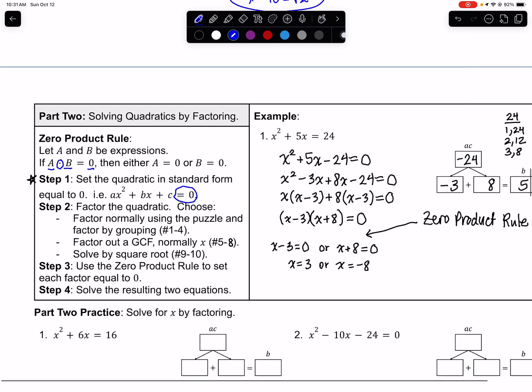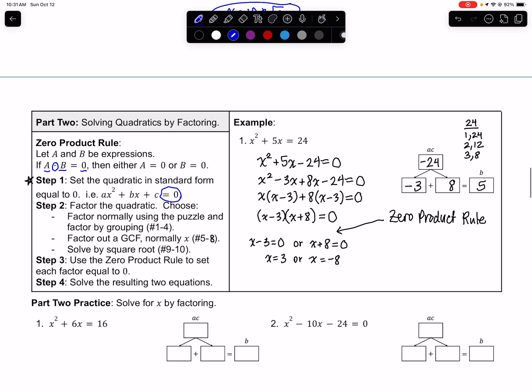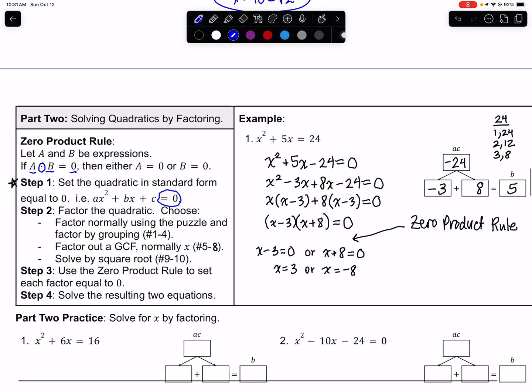So this is best explained with an example. So I'll kind of line up the steps for you. Step 1 is to set it equal to 0. So that would be this step. The factoring part is all of this and all of this. Okay, stuff that you're used to, doing the factor by grouping, pulling out, separating into two groups, pulling out the GCFs, and then pulling out the binomial.